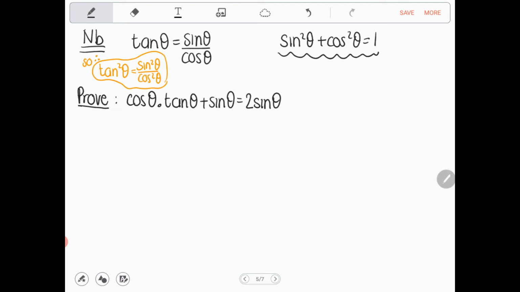Okay, so what we normally do is we replace our tan with sine over cos, so that we're working with just cos and sine. Okay, and where do you start? You start on the more complex side.